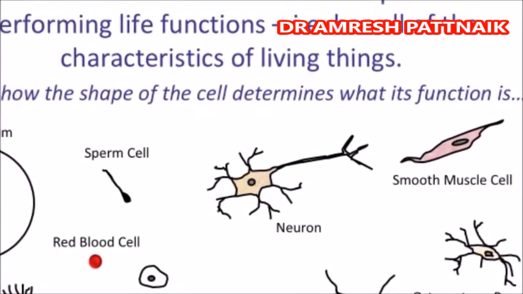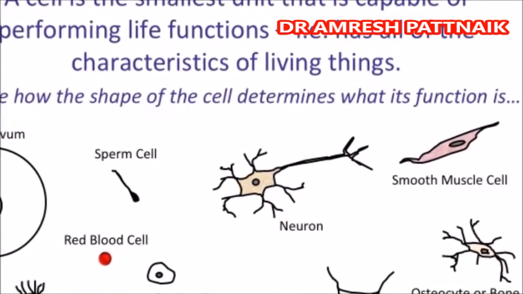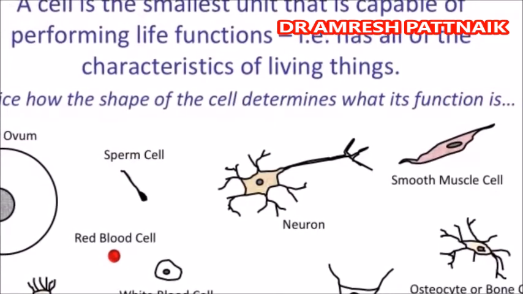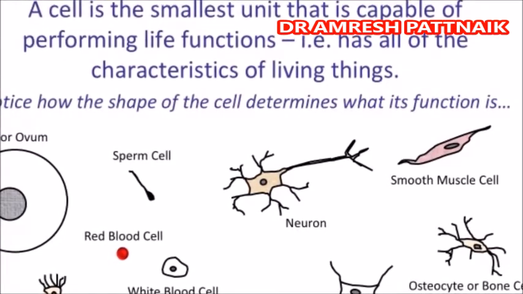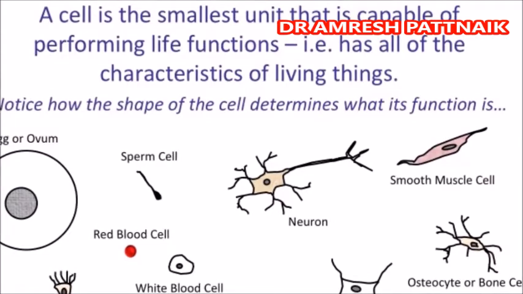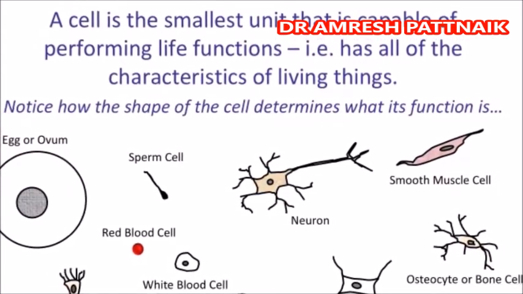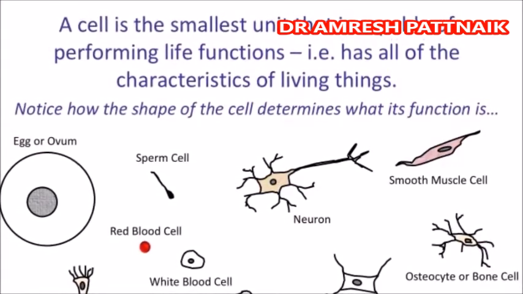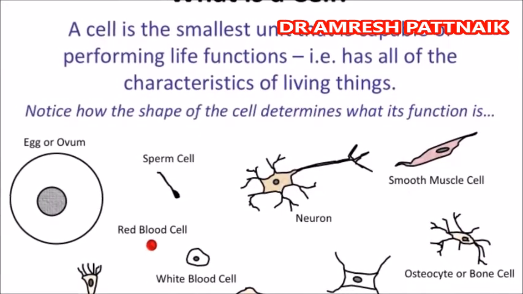The shape of the cell determines its function, and different types of cells are found in nature: ovum, sperm cells, red blood cells, neurons, smooth muscle cells, osteocytes or bone cells, white blood cells. So different shapes and sizes of cells are found. We can say a cell is the smallest unit capable of performing life functions, with all the characteristics of living things.